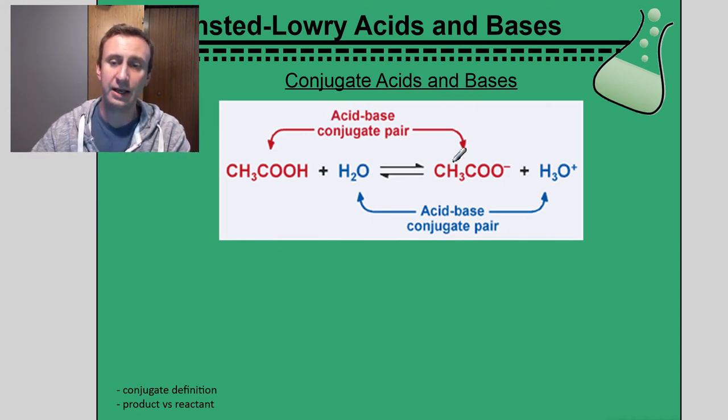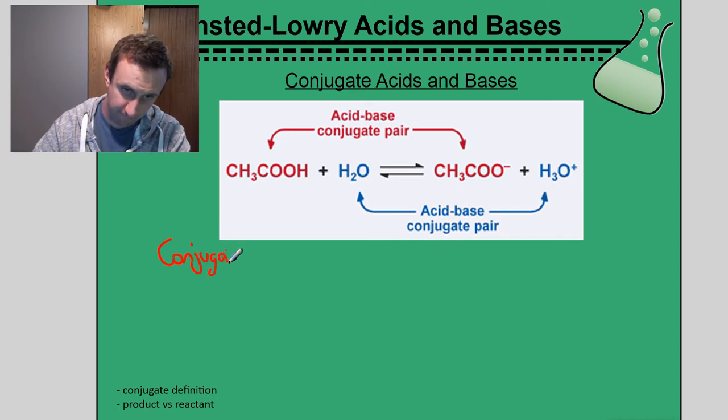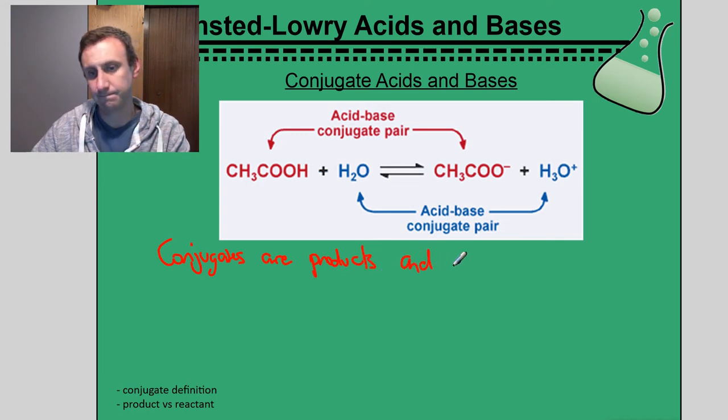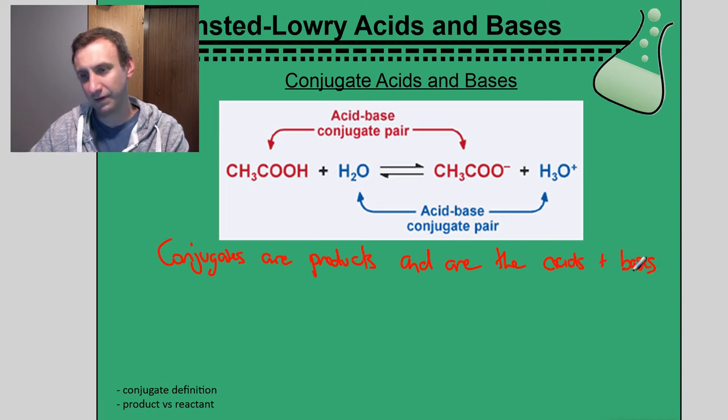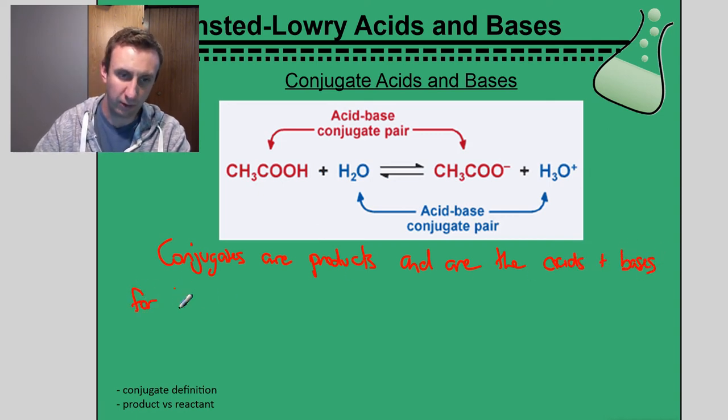So the conjugate acid or base is essentially the product, and it would be what we're looking at for the reverse reaction. Okay, so conjugates are products, and are the acids and bases for the reverse reaction.